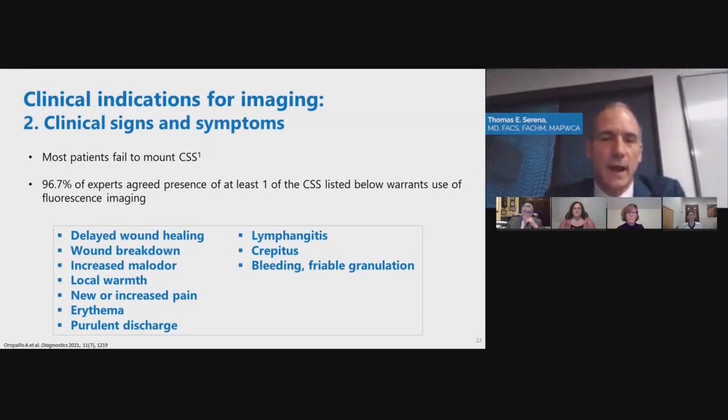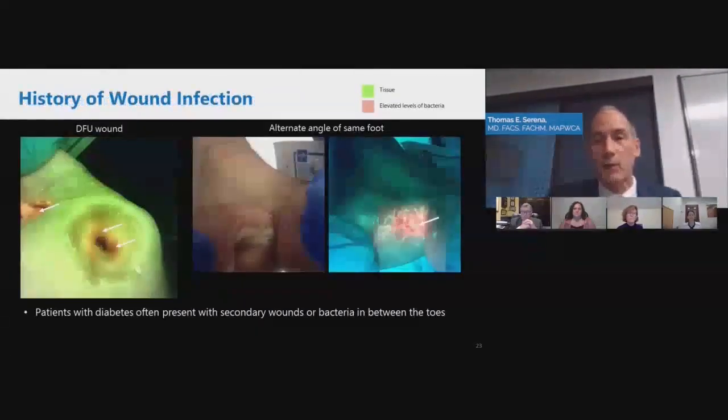And we were able to get a lot of consensus that if you see any of these, then you should image the patient. That was a nice consensus, although, again, keep in mind that the clinical signs and symptoms, as we saw in the FLAG clinical trial, may not be present, yet bacteria may be in the wound at a level that will impede wound healing. What about a history of wound infection?